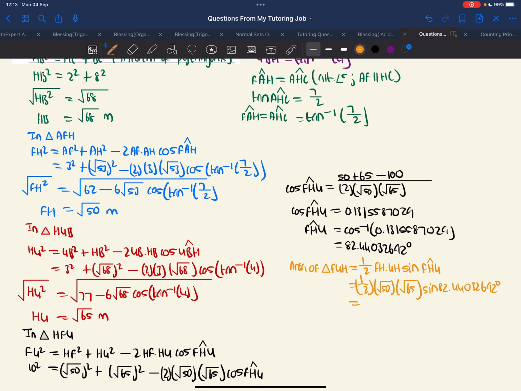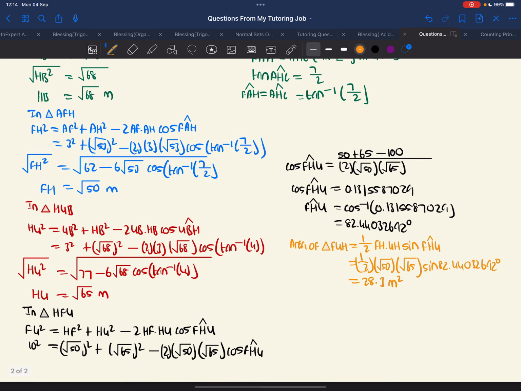So it's a half times square root 50 multiplied by square root 65 times sine of 82.44032, and you should get an answer which, rounding off to 2 decimal places, is 28.3 meters squared.